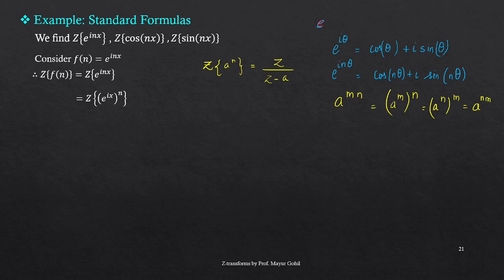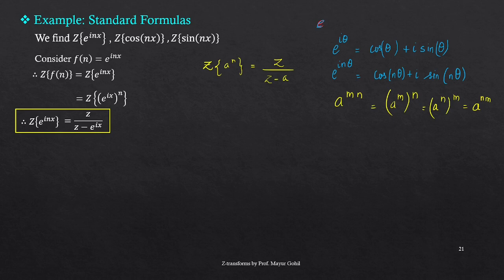So now instead of a, the work of a is done over here by e to the power i x. So I will write z transform of e to the power i x whole raised to n is nothing but z upon z minus e to the power i x. So this is the first formula that we get for z transform of e raised to i n x. We are done with the answer for the first formula.